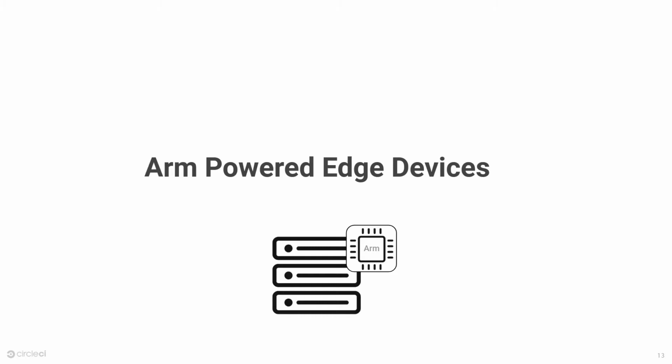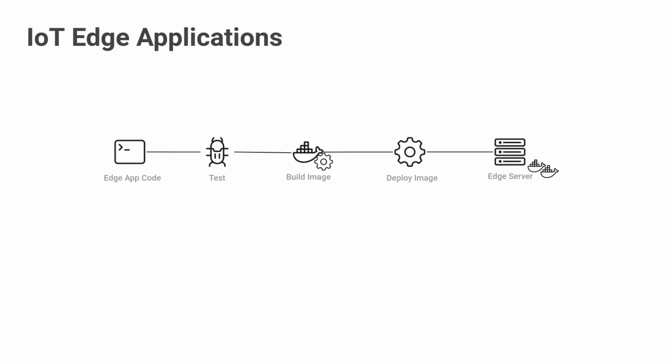It's a pretty interesting time to be viewing how this is advancing and the innovations they're making. So again, with IoT edge devices, they're going to need IoT edge applications.